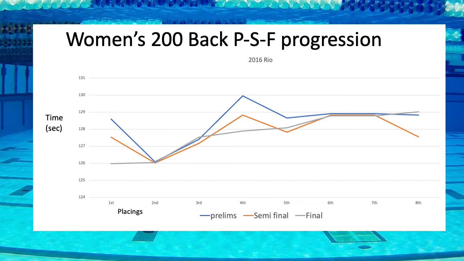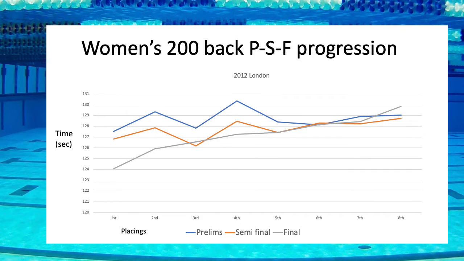Most of the people, though, are still able to actually make a move forward in drop time as they progress through the rounds. In London, 5 of the ladies were able to do it the same way. So this and the other ones are very, very close. So there definitely is a progression from one round to the next.